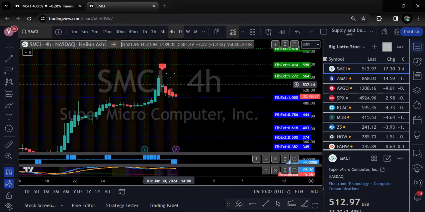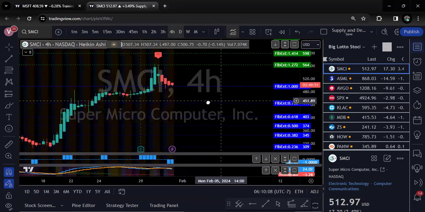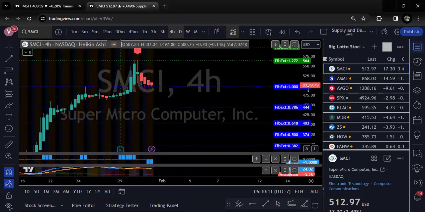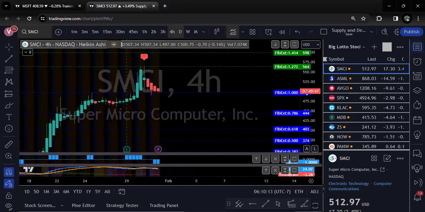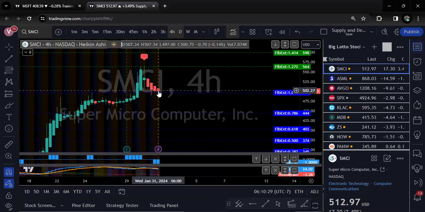If we go to the 4 hour, it hit 564. And when you look at this, the previous 100% level was 498, and it went back to that level and broke it. So when you see a break, it means this stock wants to go lower, even if it's weak.